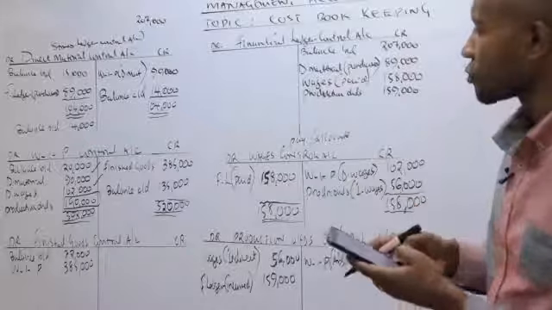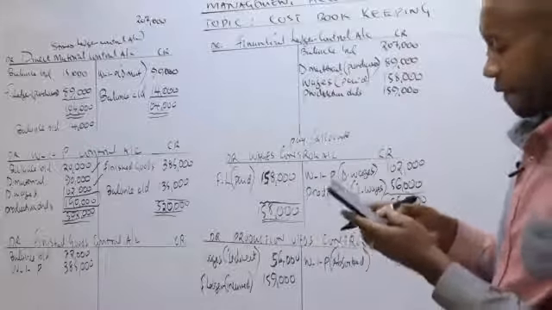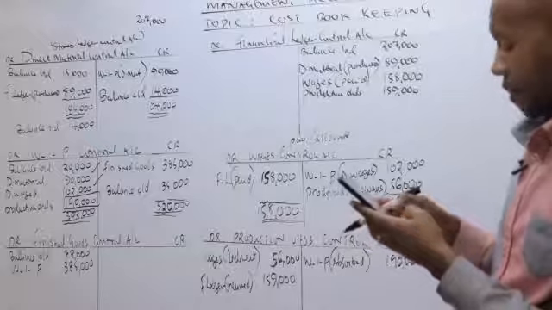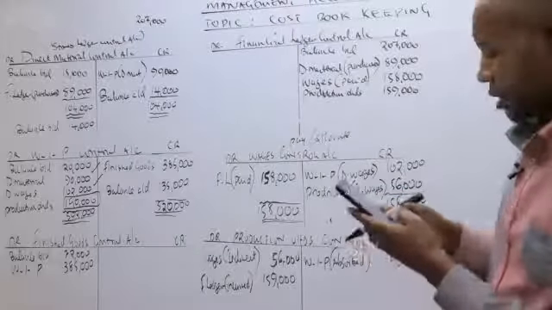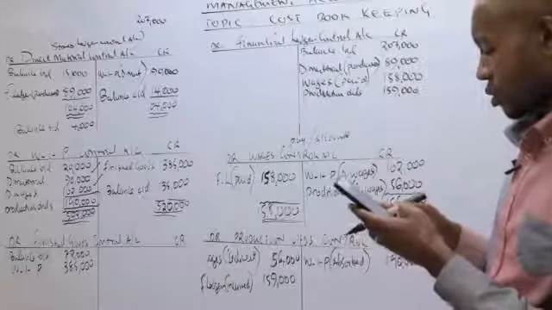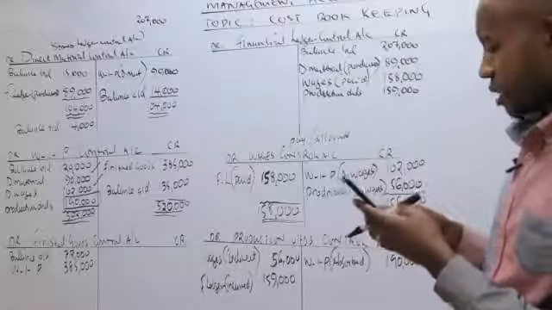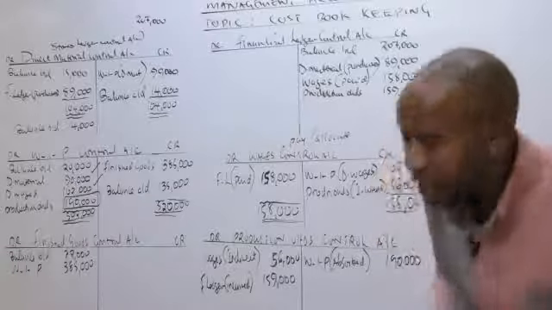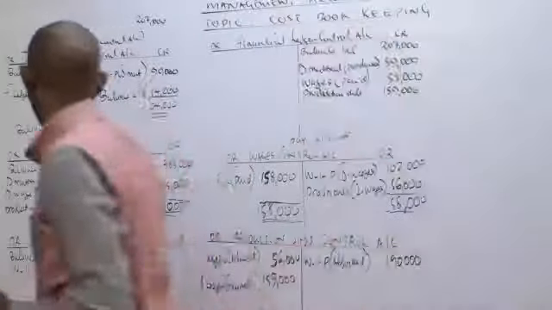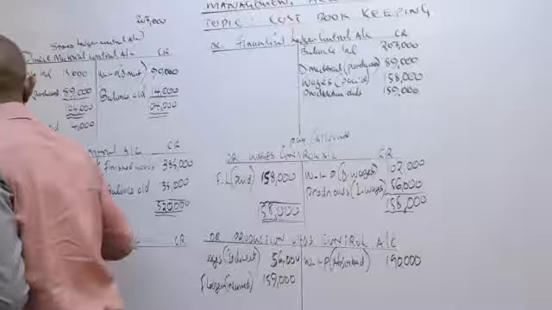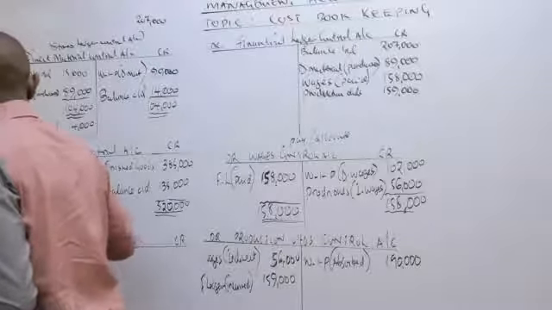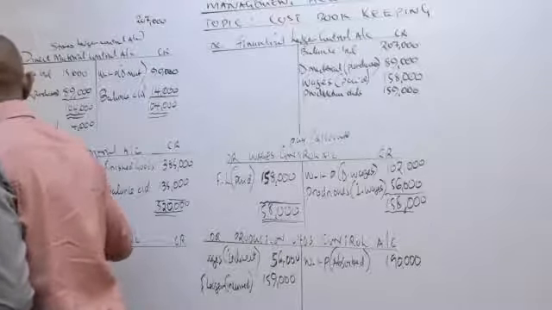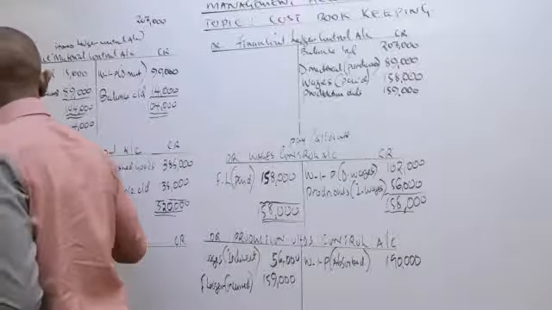Does it change from 190? 120 plus 90 plus 102, and then I subtract from 520. So that should be 208. Very good. So this should give me 208,000.